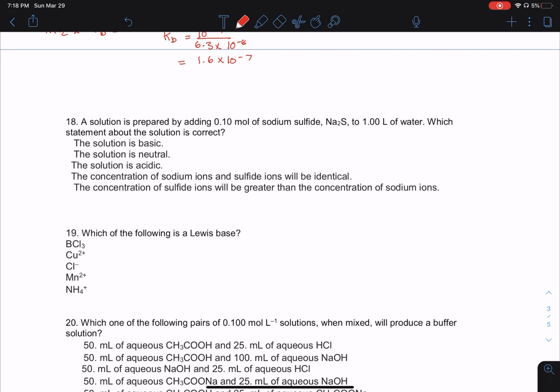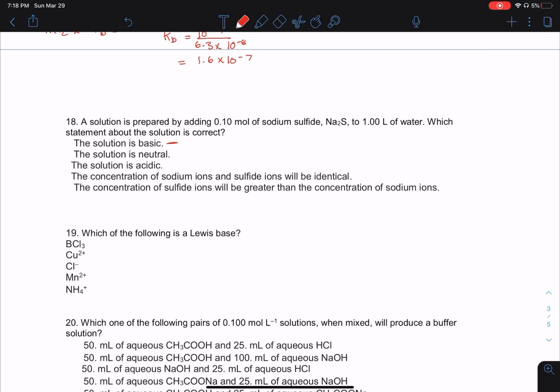Which statement about the solution is correct? So the correct answer should be A, because the solution is basic.